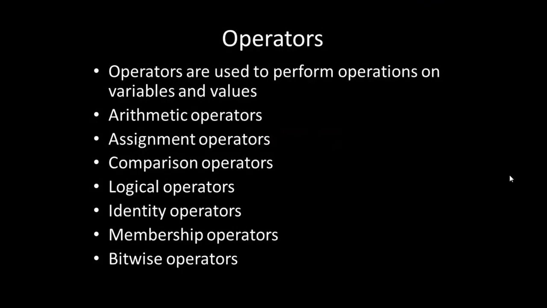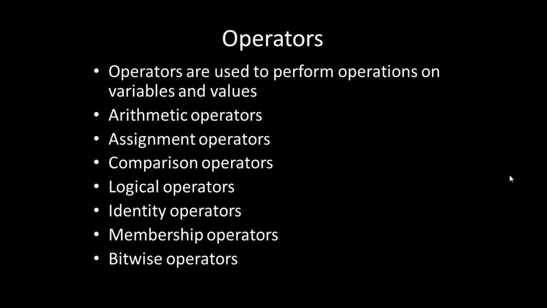Now X equal to Y plus 5. In this case, X is a variable, Y is a variable, 5 is a value, and plus and equal to are the operators.